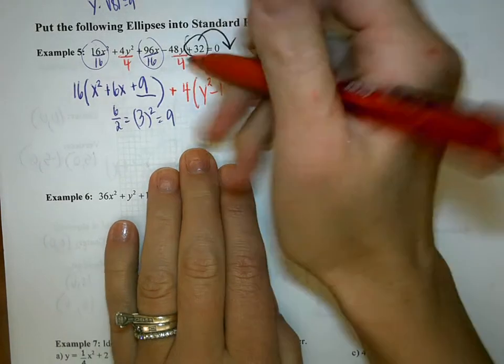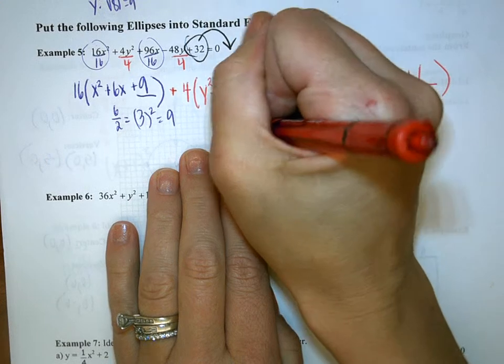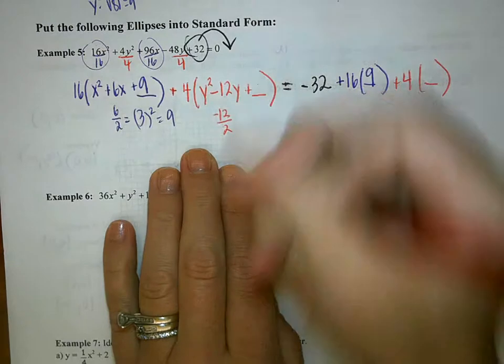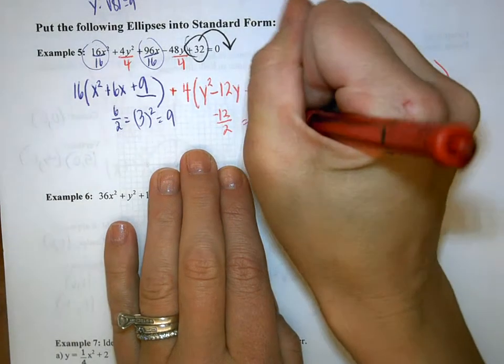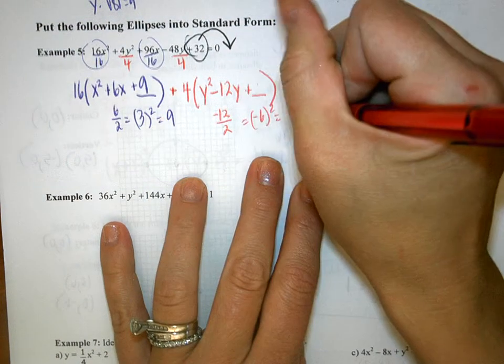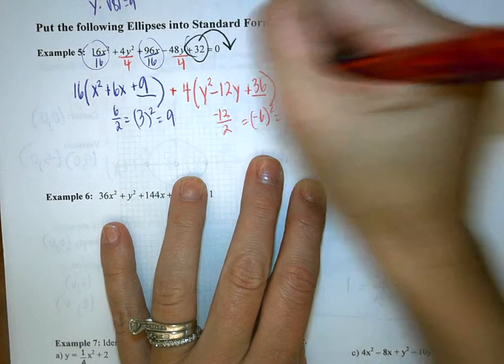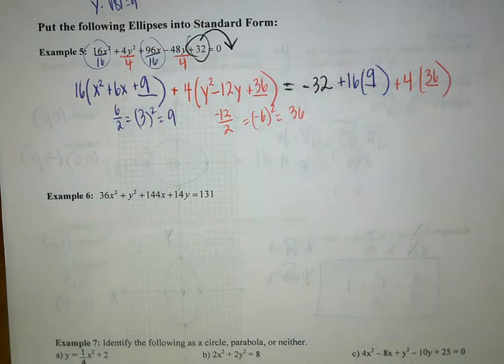Same thing. We go negative 12 divided by 2, which is negative 6, and then negative 6 squared is positive 36. So 36 goes into each of these blanks. Oh, so you take the half of it and then square it to get the thing. Yep. Any questions right here?